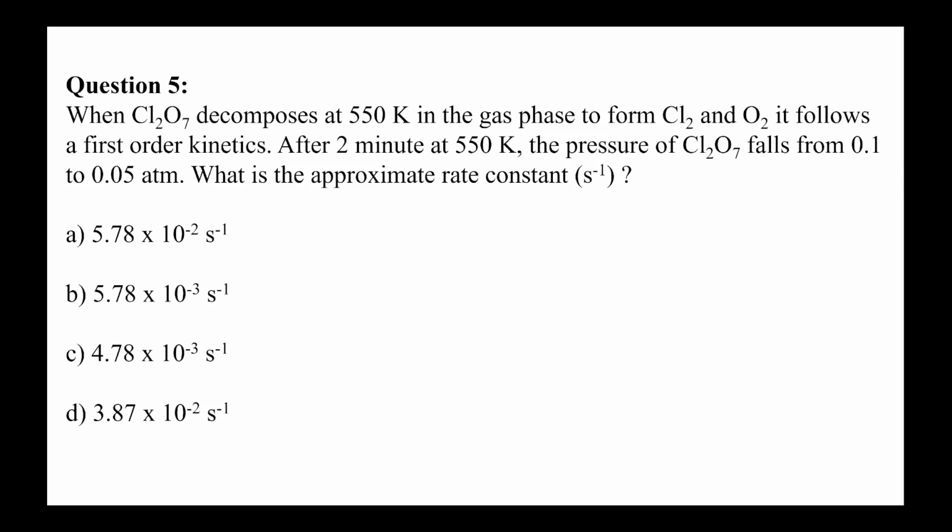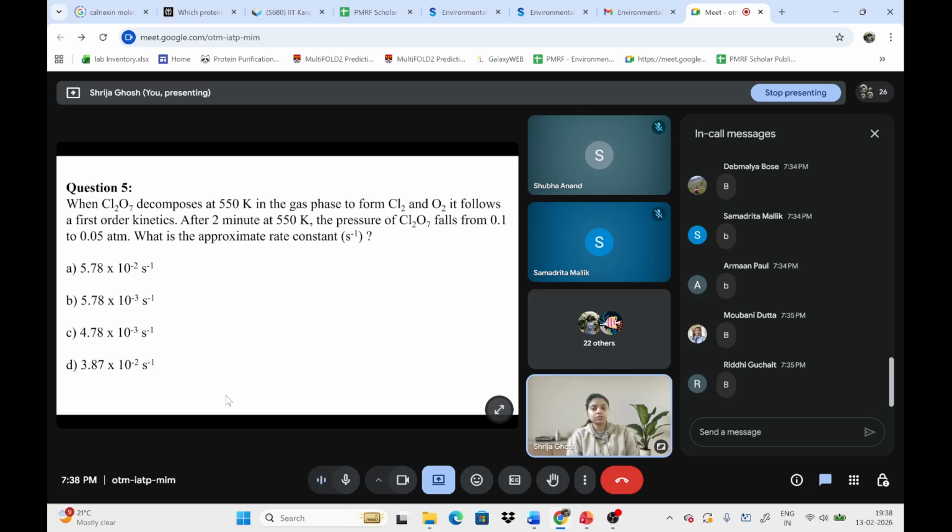Okay. So the first order reaction kinetics, we have the time, we have the initial and final pressure, we have to calculate for the rate constant. Just use the formula that we have seen in the first slide and solve for the question. Write the answers in the chat box.